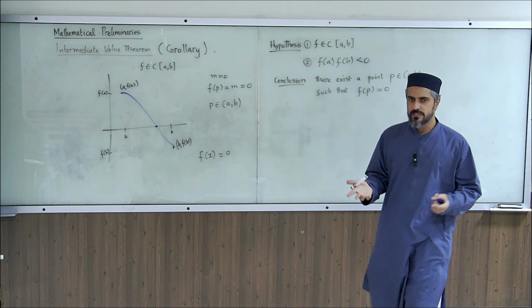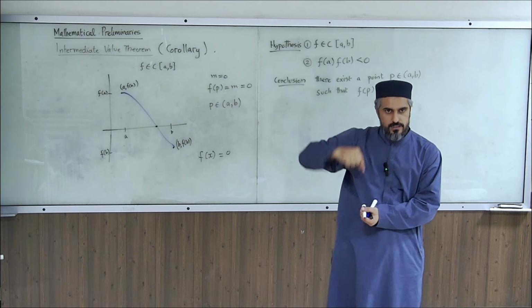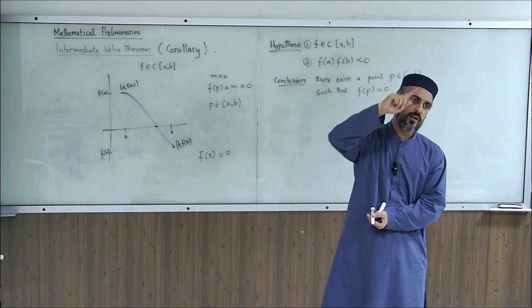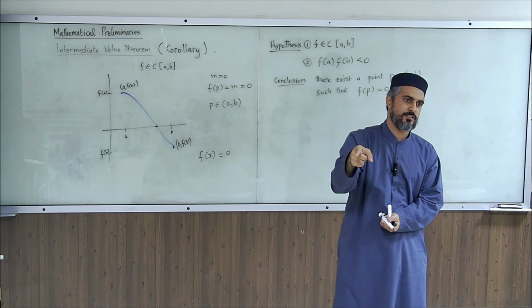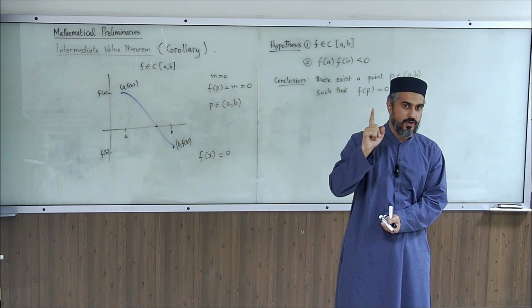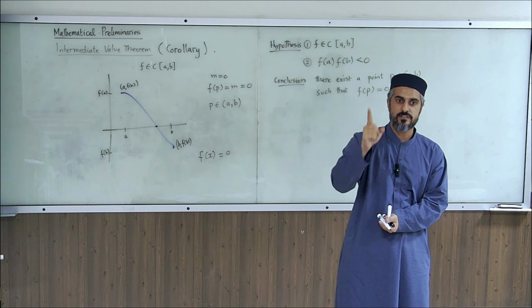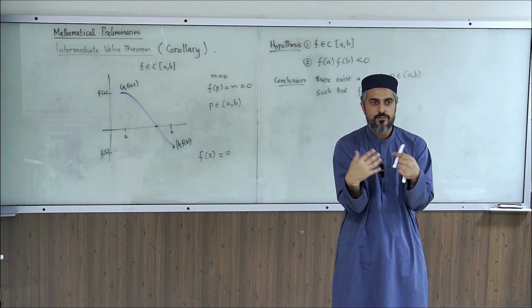In other words, try to understand it in another way. If the function is continuous and one height is positive and the other height is negative, the function will travel from the positive height to the negative height, and it will cross the x-axis. Whenever it is crossing the x-axis, that is the point where the value of the function is becoming 0.